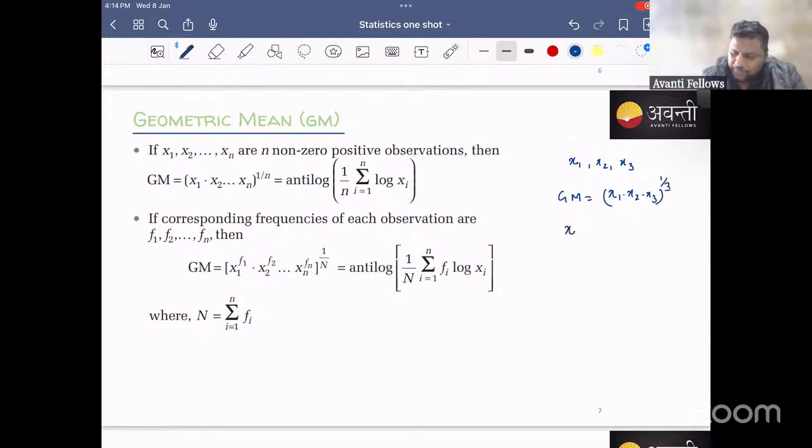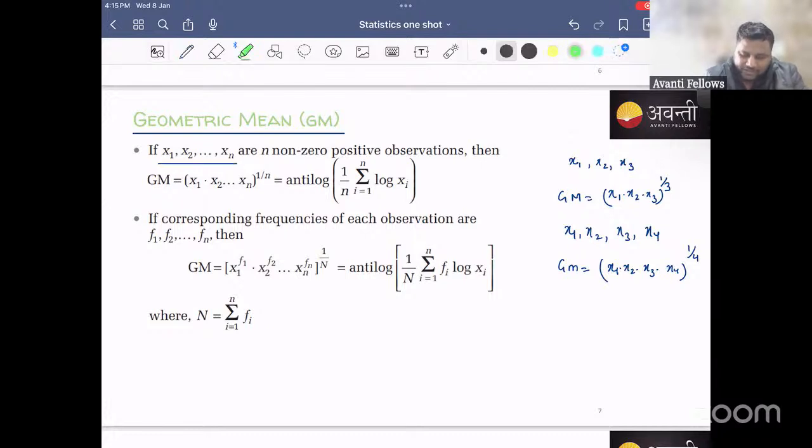If I talk about x1, x2, x3, x4, then their geometric mean is x1 into x2 into x3 into x4 whole to the power 1 by 4. Similarly, if there are n observations, x1, x2, x3 up to xn, their geometric mean is x1 into x2 into x3 up to xn whole to the power 1 by n.